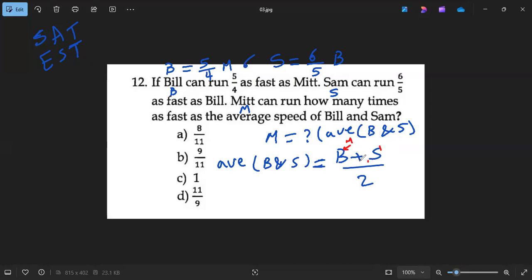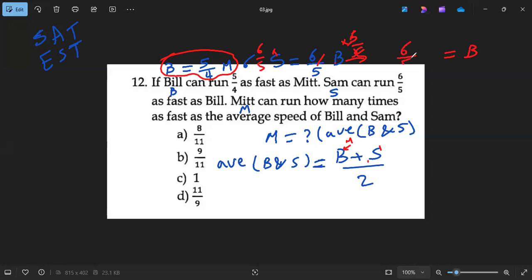And plug in here. So now we have to calculate it. We have M here now. What about S? S is in terms of B and B only. I need it in terms of M. So just plug in. First of all, take a reciprocal for both sides: 5/6 here and 5/6 here. So B should equal what?